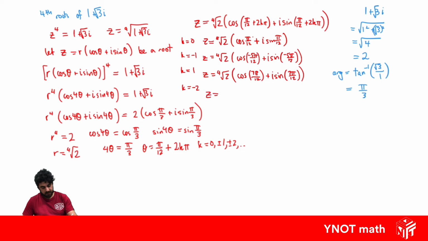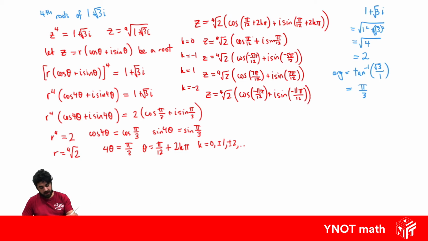And finally, z equals the 4th root of 2 outside of cos of minus 11 pi on 12 plus i sine of minus 11 pi on 12.